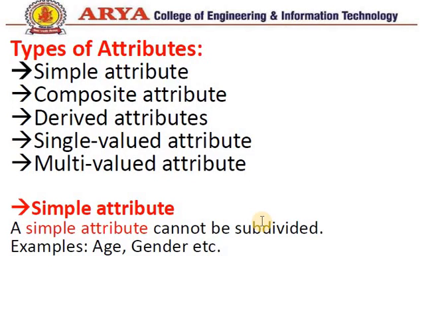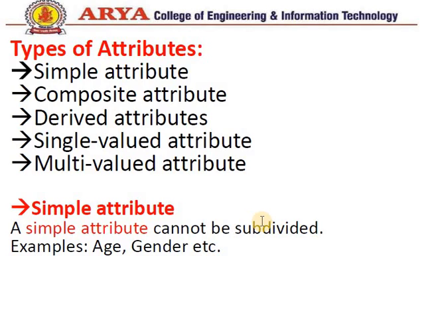Types of attribute. There are various types of attribute. First we discuss simple attribute, composite attribute, derived attribute, single valued attribute and multi-valued attribute. What is a simple attribute? A simple attribute is an attribute which cannot be subdivided, like age of the employee, age of the student, gender of the employee.